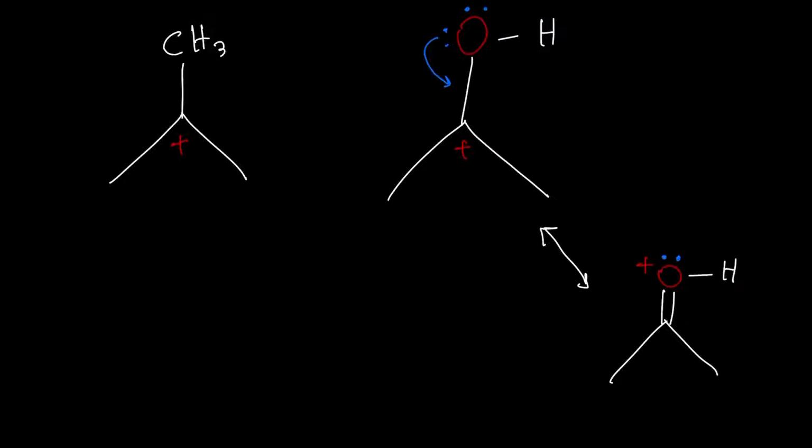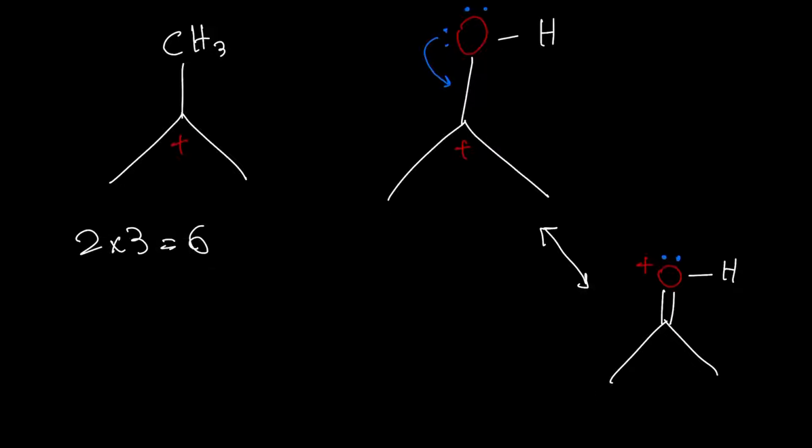Now let's explore why. In the situation on the left, this carbon has 3 bonds, and each bond has 2 electrons. So 2 times 3 is 6. This carbon has 6 electrons. Now there's a concept called the octet rule that says that most atoms, including carbon, want to have 8 electrons in their valence shell. Currently, in the example on the left, the carbon has 6, so that means it's going to be unstable.